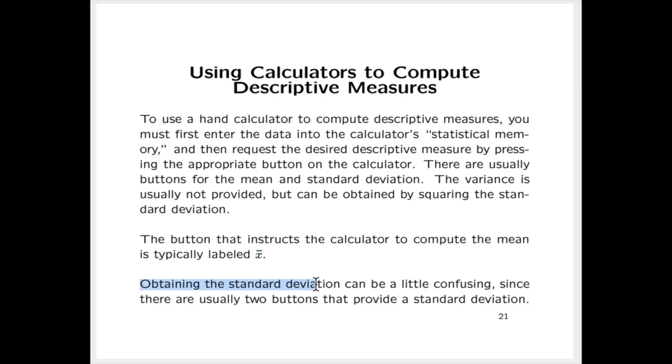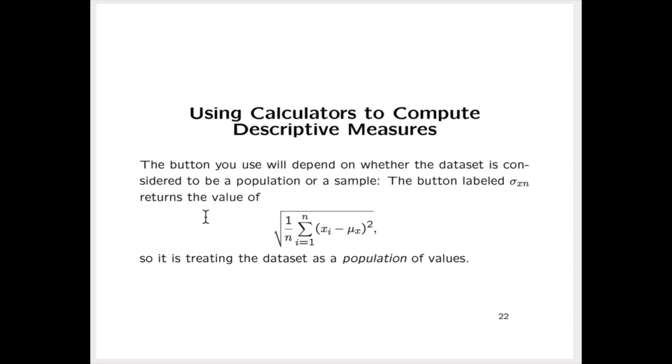Now, obtaining the standard deviation from the calculator can be a little confusing since there are usually two buttons that provide a standard deviation. The button that you will use to calculate a standard deviation will depend on whether the data set is considered to be a population or a sample.